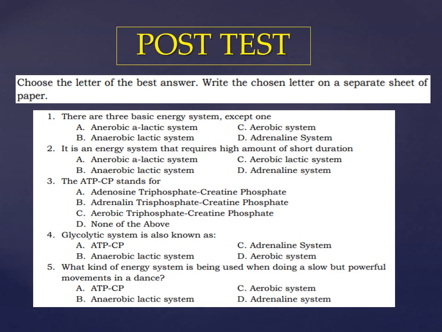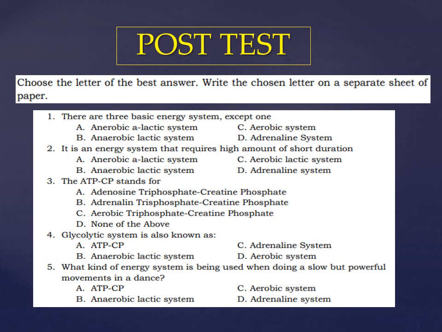C. Aerobic system. Letter D. Adrenaline system. 2. It is an energy system that requires high amount of energy in a short duration. A. Anaerobic alactic system. B. Anaerobic lactic system. C. Aerobic lactic system. And letter D. Adrenaline system.